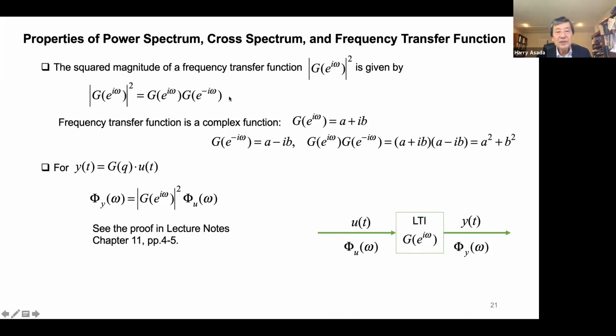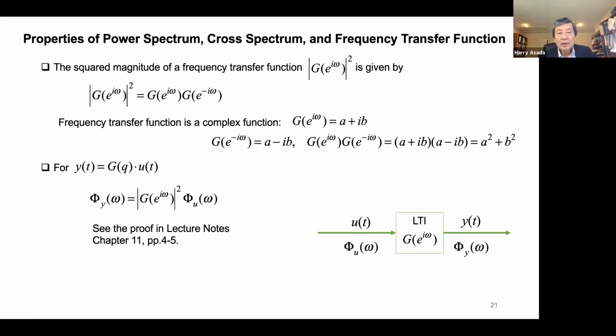If you replace i with minus i, you get a minus ib.